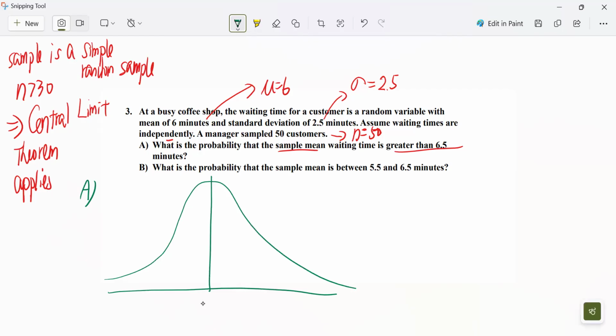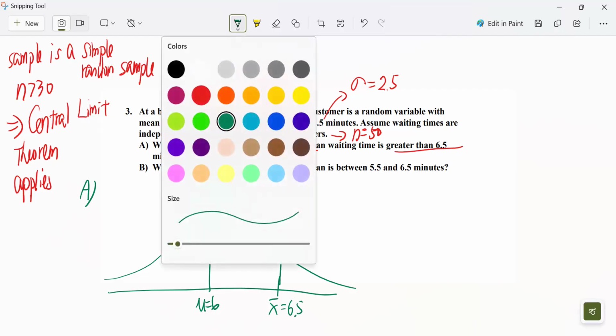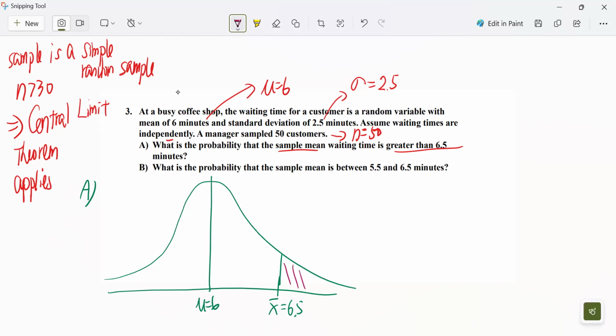The population mean is in the center, 6. And we're looking for the sample mean. We are comparing the sample mean with respect to the population mean and trying to figure out the area to the right-hand side. So we do the conversion, right? Using the central limit theorem, one formula is z-score equals sample mean minus population mean over population standard deviation divided by square root of sample size.